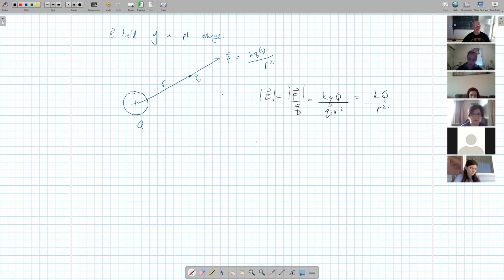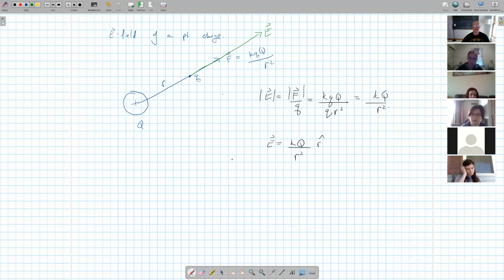So what this tells us then is that the electric field of a point charge is equal to k times the charge of the point charge divided by the distance r squared I am away, pointing in the radial direction. So all this means then is if I was looking at this point here, then the electric field points in exactly the same direction as the force, but is different by the fact that now I'm just dividing by that charge of q.